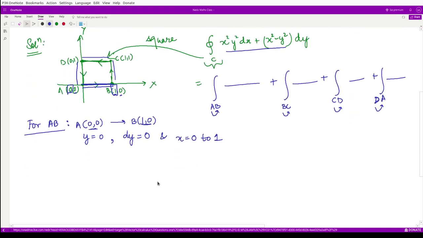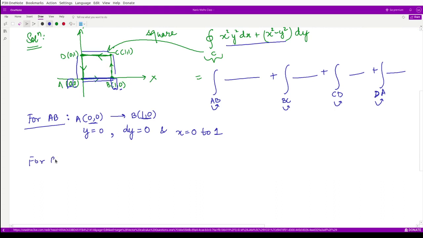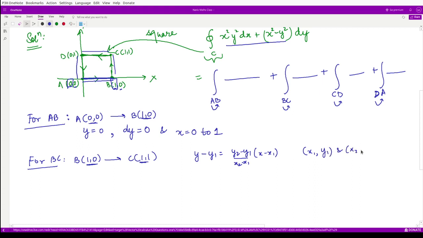Similarly, we will obtain this for the curve BC. For the straight line BC, we are moving from the point (1, 0) to the point C, (1, 1). Now, with 2 points, you can calculate the equation of the line using the usual formula: y minus y1 is equal to m, the slope, that is (y2 minus y1) upon (x2 minus x1), into (x minus x1), where (x1, y1) and (x2, y2) are the two given points.